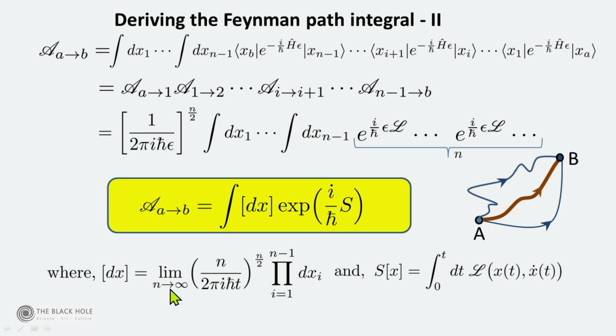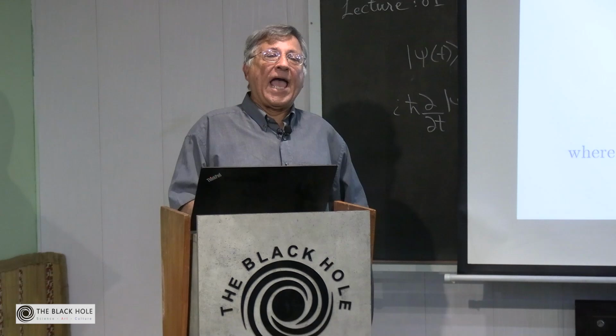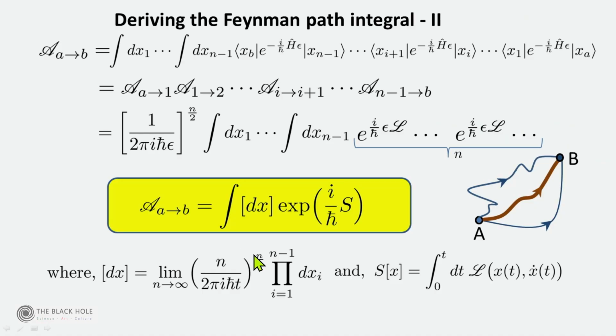So you see what I've done over here, this epsilon is equal to t over n, and remember there were n amplitudes. So that's why we have n over here, but there are only n minus 1 integrations.